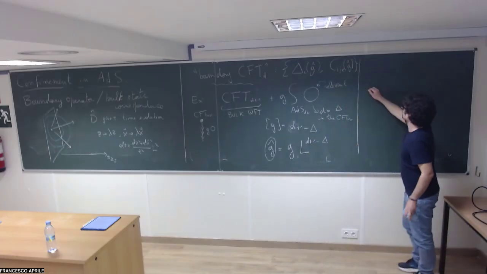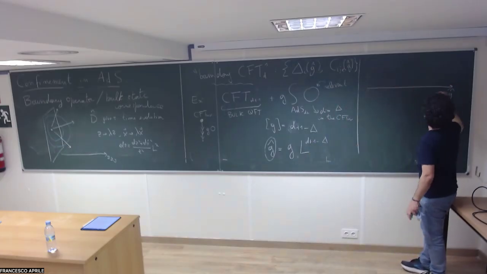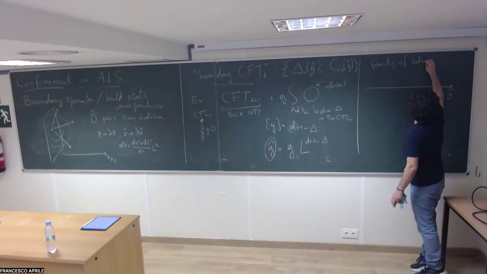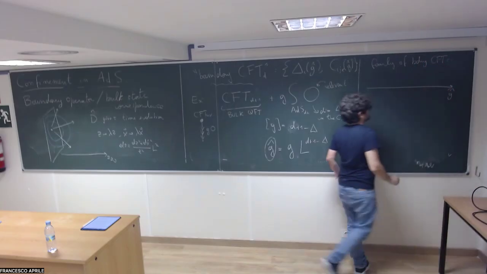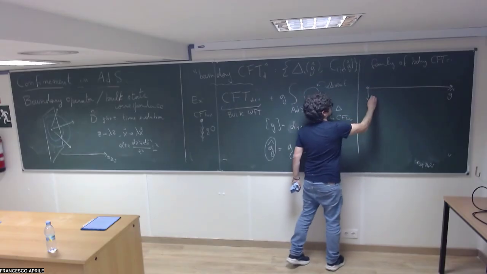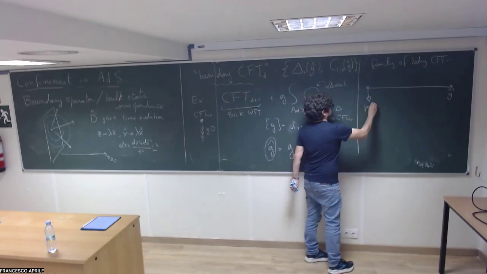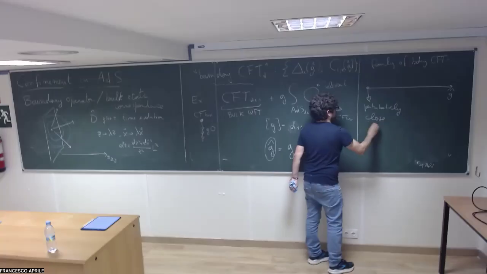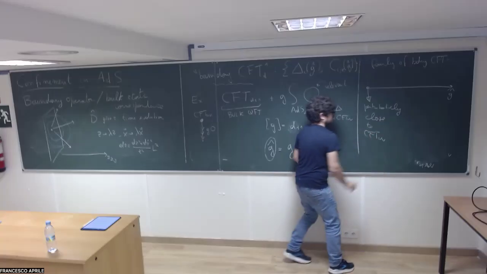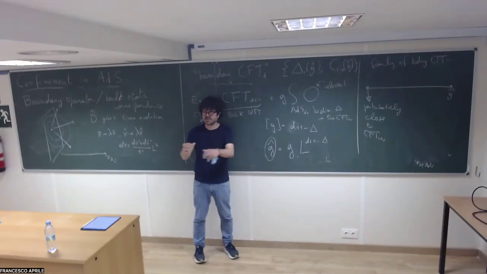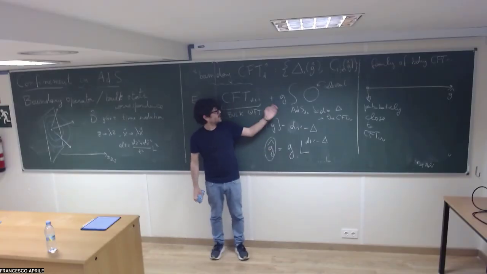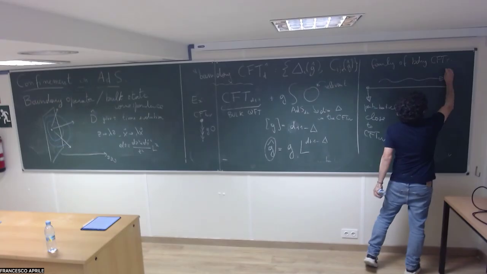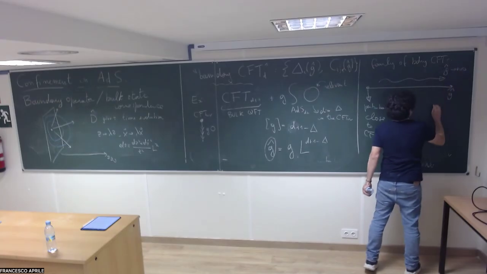Now you have your family of boundary CFTs, parameterized by this G hat, and when G hat is very small, you can do perturbation theory close to the CFT. When this parameter is very small, it means that AdS is very small compared to my relevant coupling, so I can do perturbative calculations. On the other hand, you have the strongly coupled regime, which is also the flat space limit.